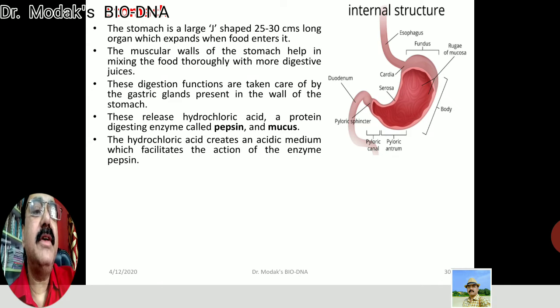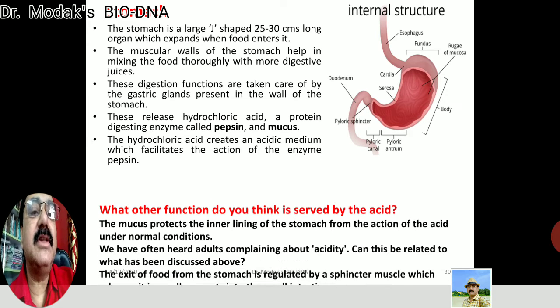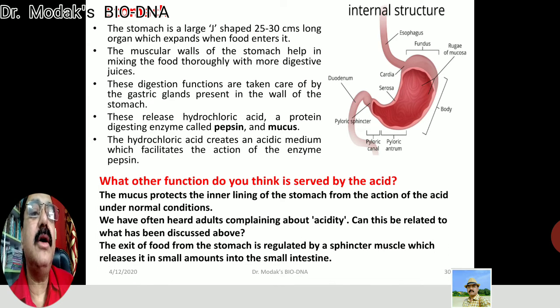Then obviously a question arises, always a question is asked, what other functions does the acid perform? Actually acid plays a very important role, and you would have sometimes heard about acidity, which adults often complain about. Our stomach secretes hydrochloric acid in very high amount, maintaining pH about 2 to 3.